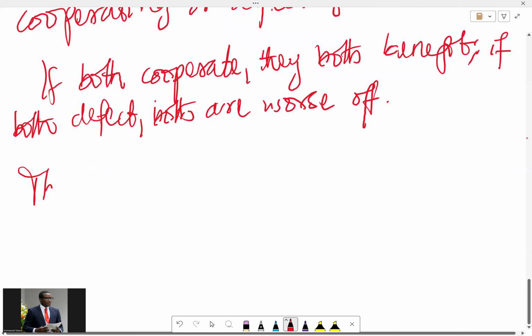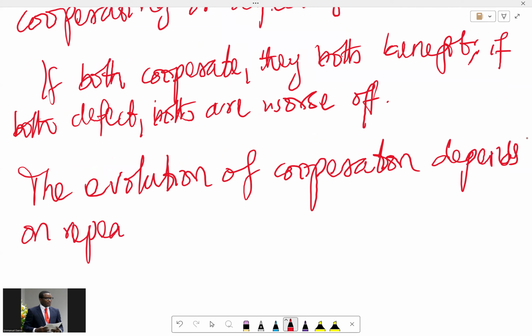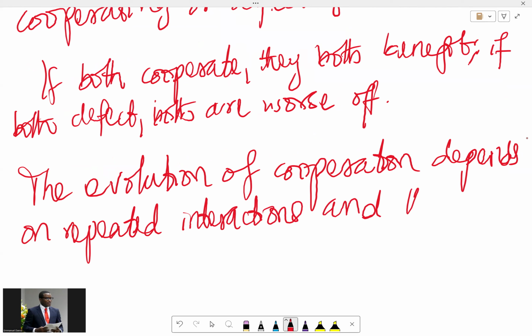So the evolution of cooperation depends on repeated interactions and the possibility of future interactions.